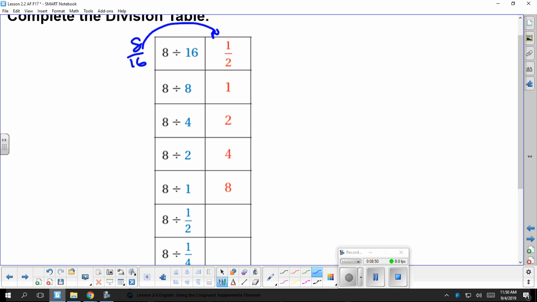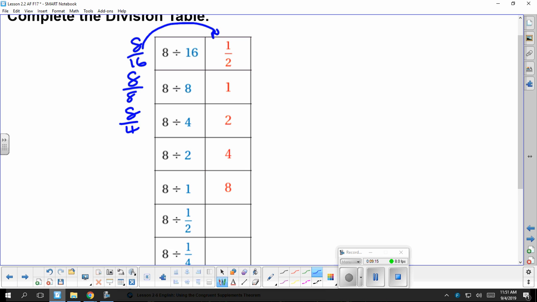What about 8/8? Remember, division is just fractions. Whenever I have a fraction, I know I'm looking at it as a division problem, and whenever I have a division problem, I can look at it as a fraction. Okay? So 8/8 is 1.